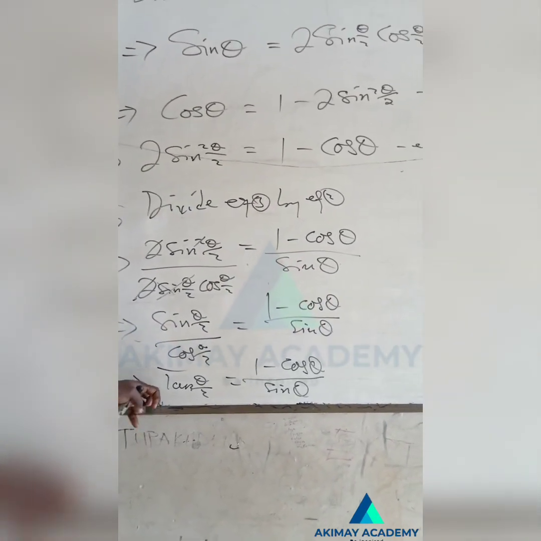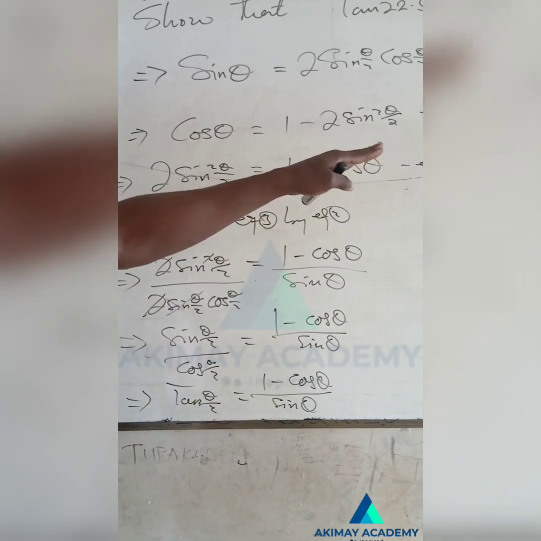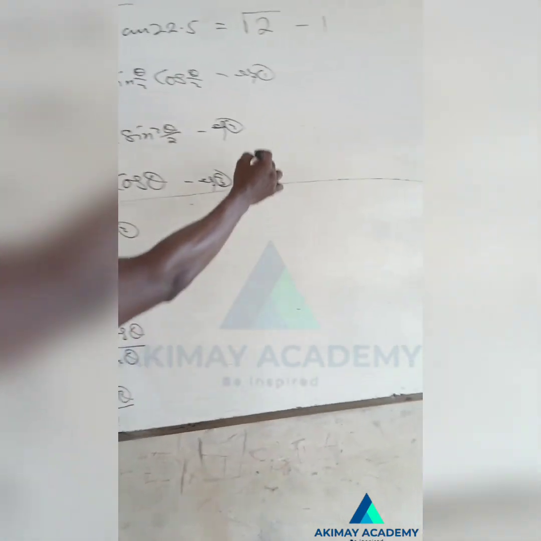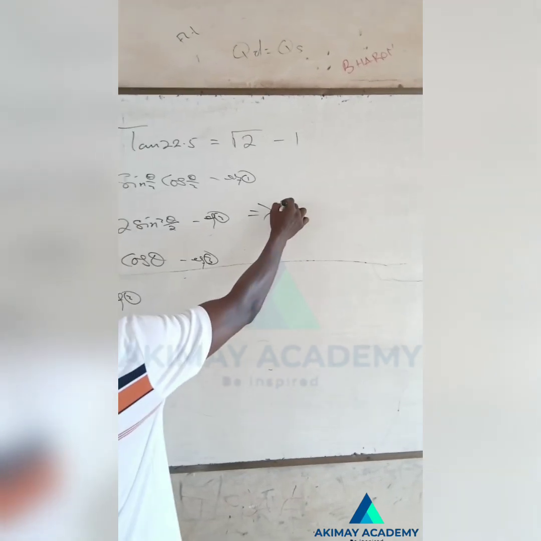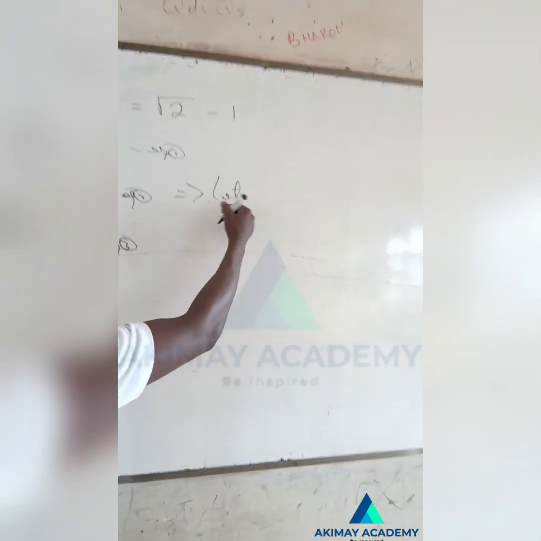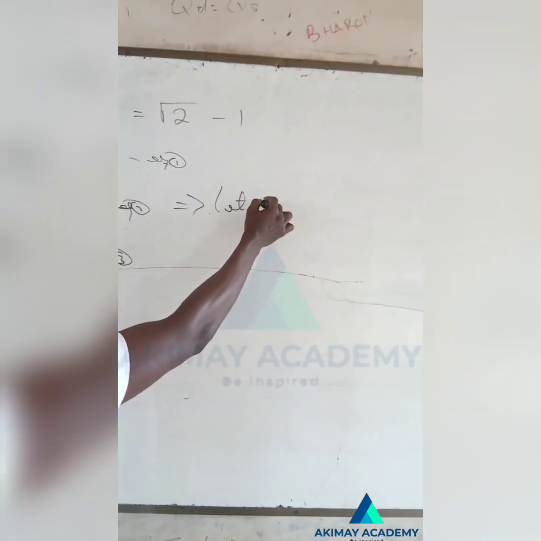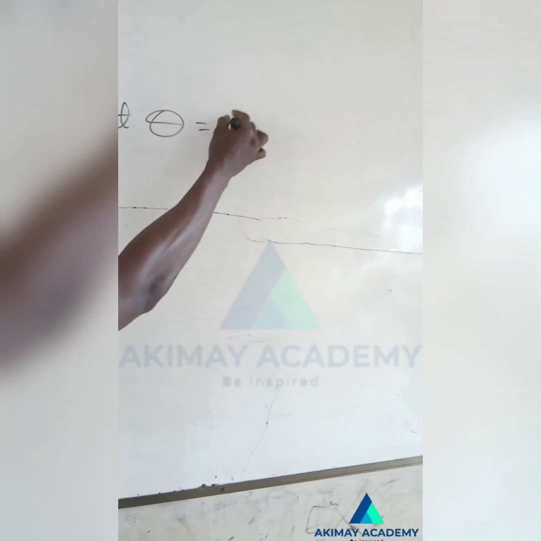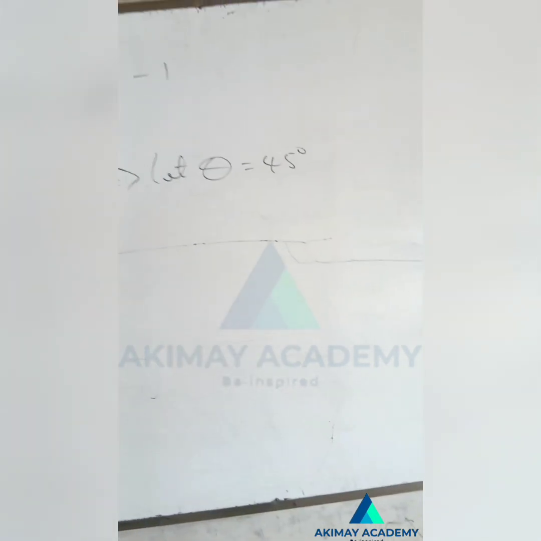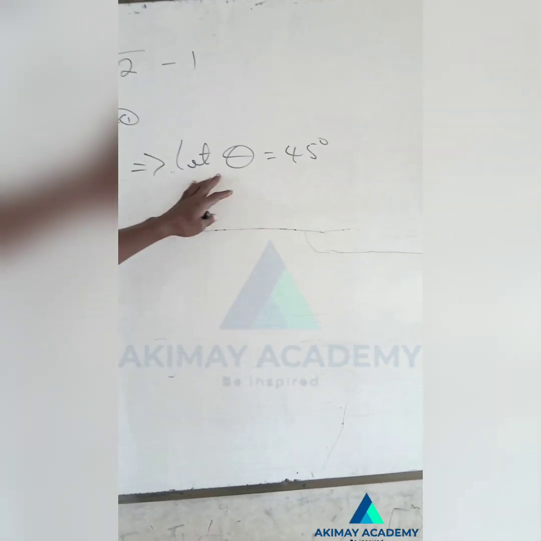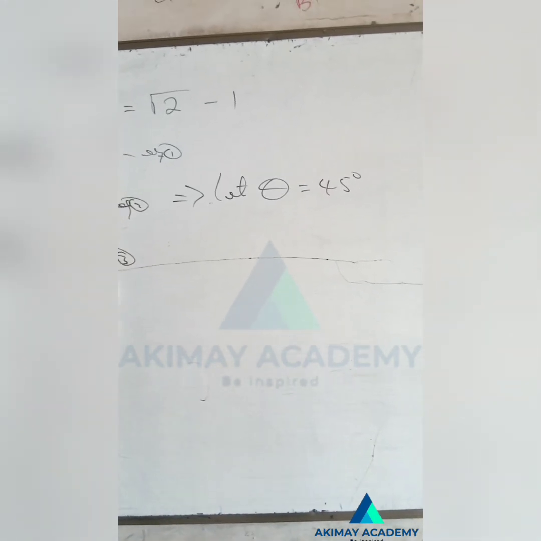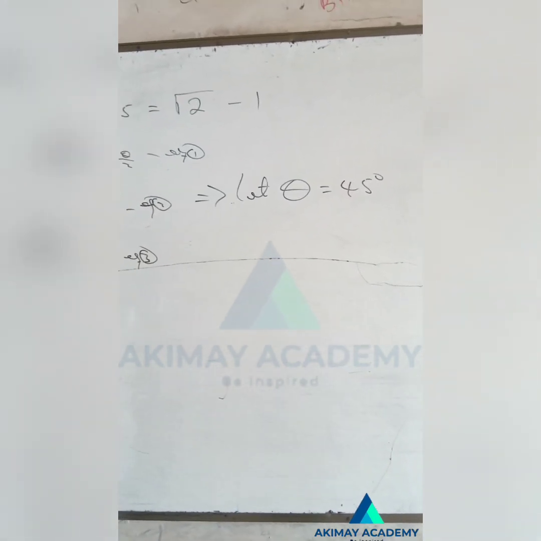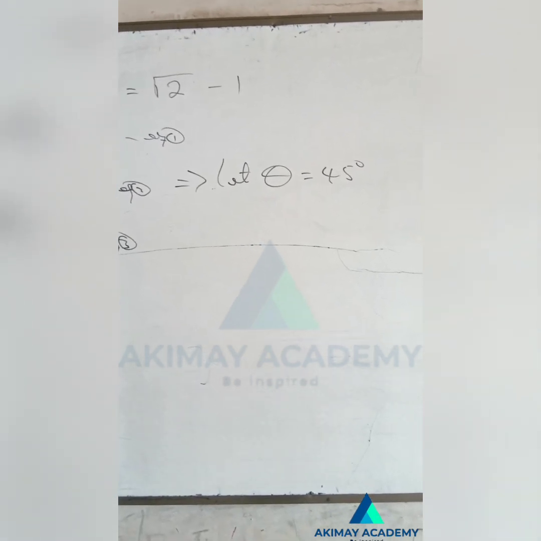So at this point, let's move to this section and see. Let theta be equal to, let's say, 45 degrees. We are making theta equal to 45 degrees. So wherever we see theta in our equation, we fix in the angle 45 degrees.